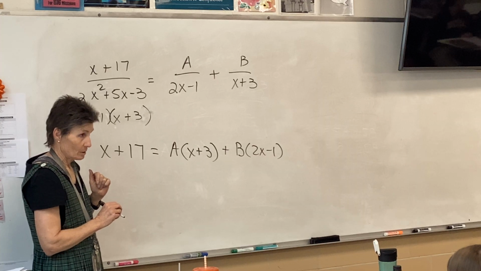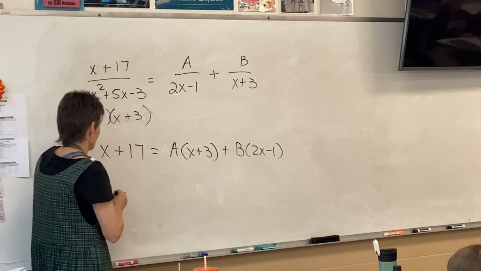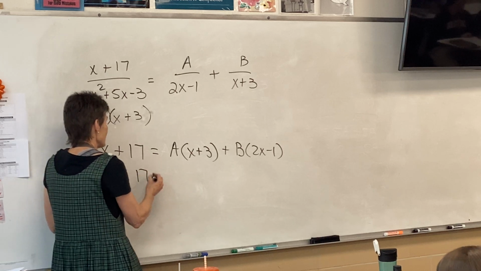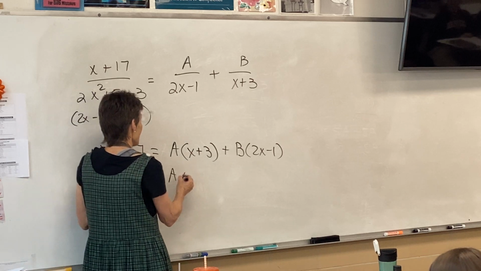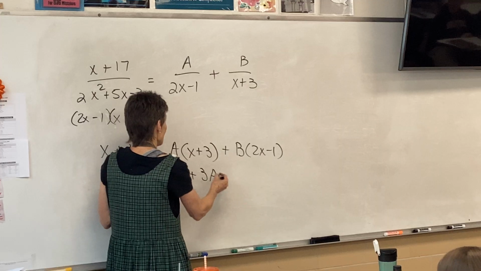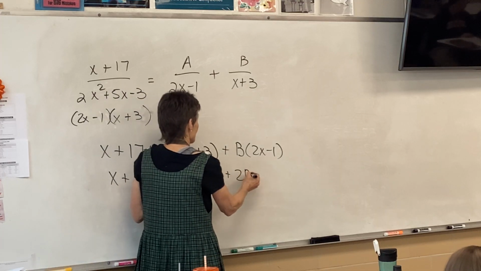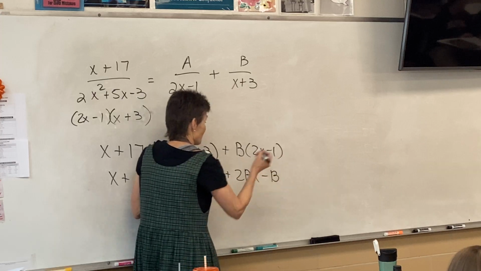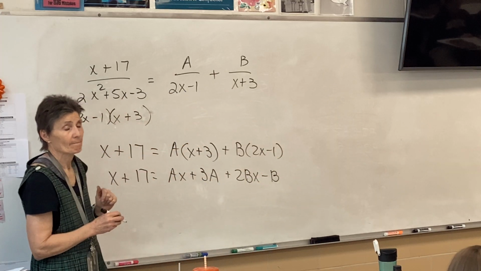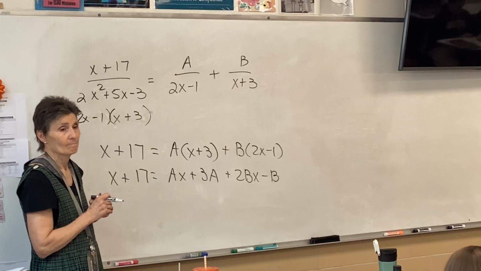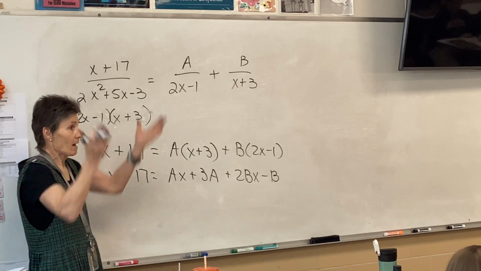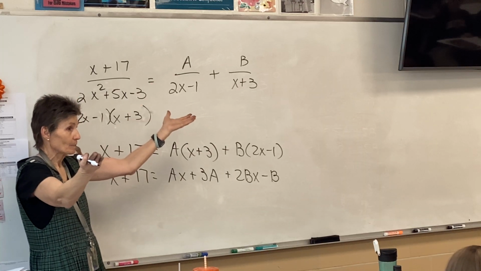Now, distribute. So x plus 17 equals ax plus 3a. It's regular distributive, guys. Nothing fancy. 2bx minus b. Now, it's an equation.